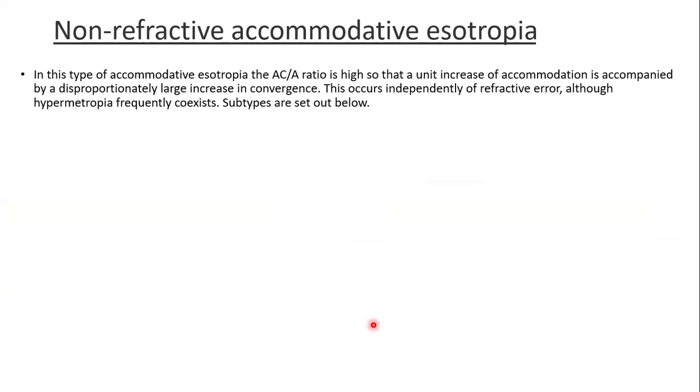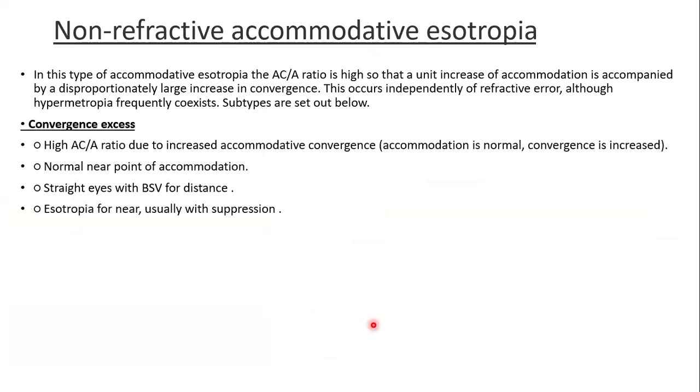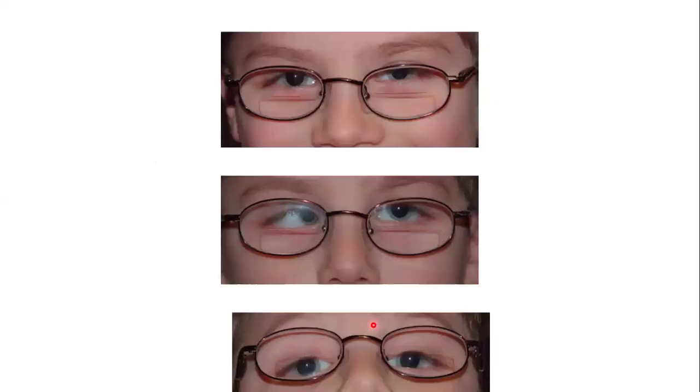Non-refractive accommodative esotropia, what we usually call high AC/A ratio. It has 2 types, convergence excess and hypoaccommodative convergence excess. So in those children, what is happening? When you measure the deviation for distance, they are ortho.